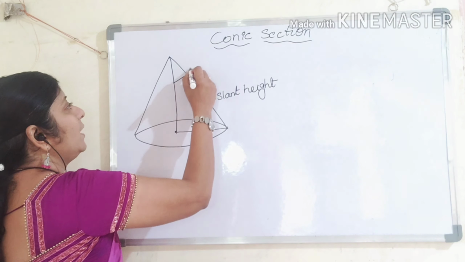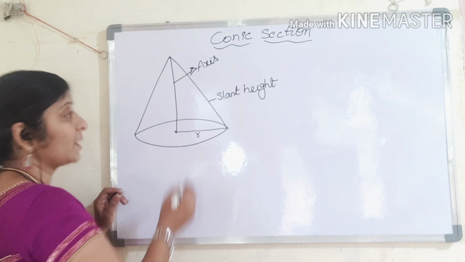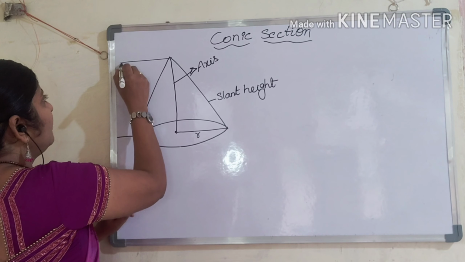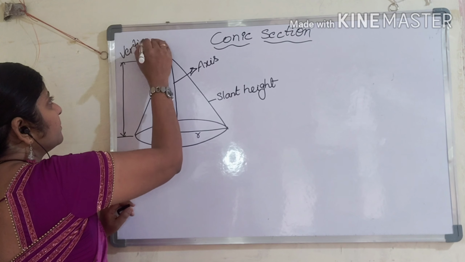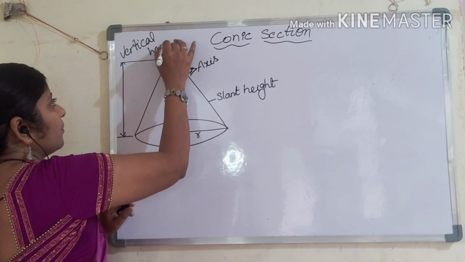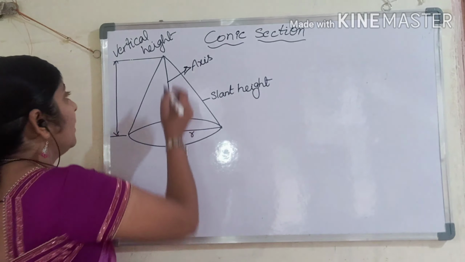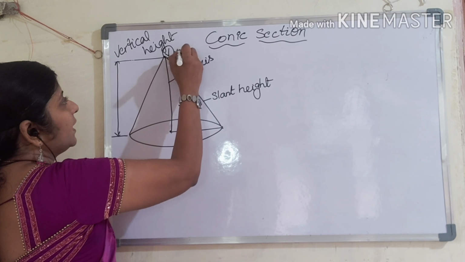And this is called axis. And here this is called vertical height. And here it is called V, vertex.